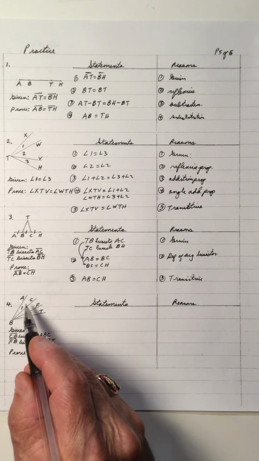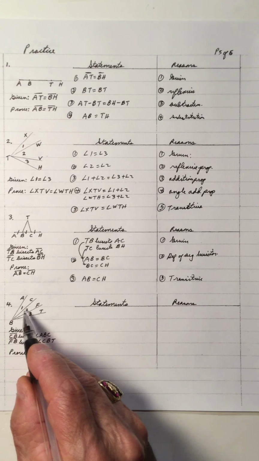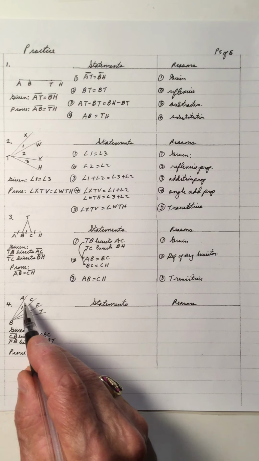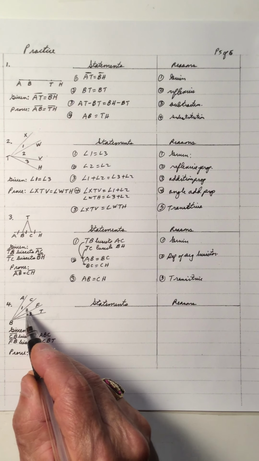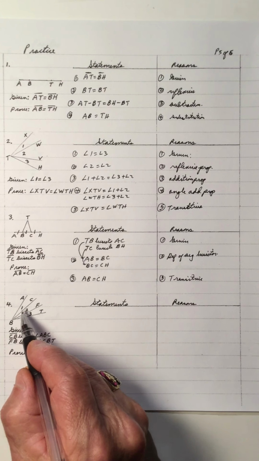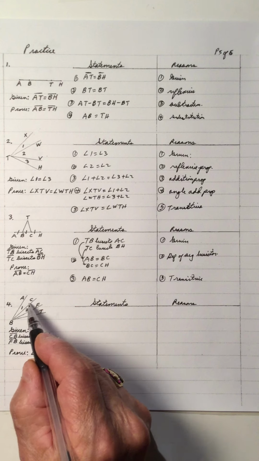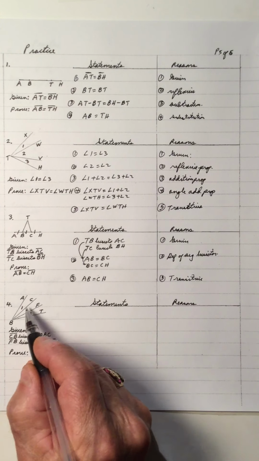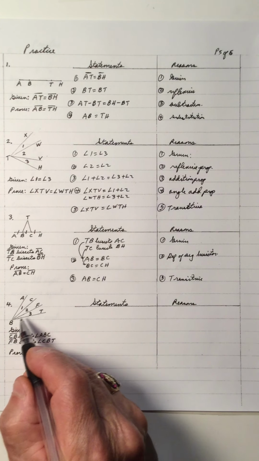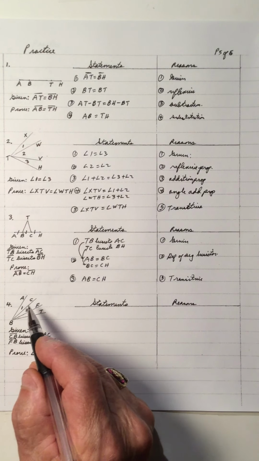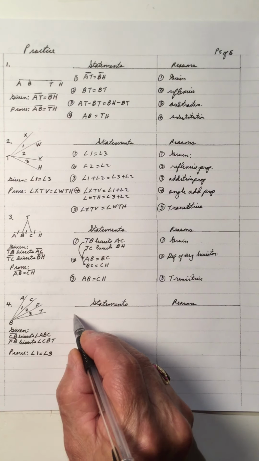Number 4, we have all these angles, and we've got 1, 2, and 3, naming different angles. I put 1, 2, and 3 in here, so I wouldn't have to go angle ABC is 1, CBF is 2, FBT is 3, instead of naming with 3 letters. So let's look at the given.